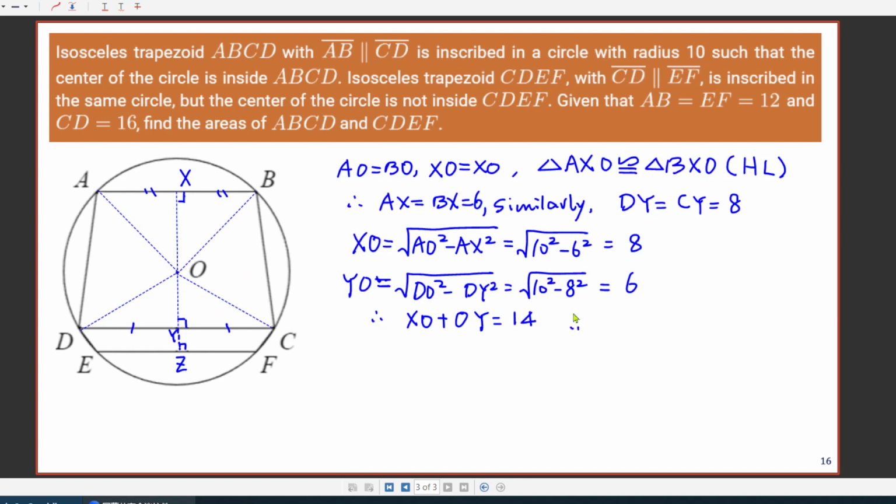And therefore the area of ABCD can be calculated, which is 1/2 of (AB plus CD) times XY, which is 1/2 of (12 plus 16) times 14.